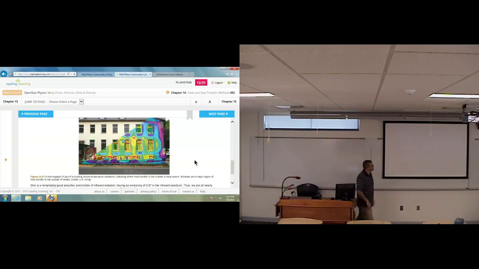Yeah, I guess the yellow is where it's the most heat coming out. And so you can see here in the windows you got this yellow. But red is also pretty high, and there's lots of places where there's red and yellow next to windows and around window frames. And then the blues are where you have the least amount of radiation heat coming out.